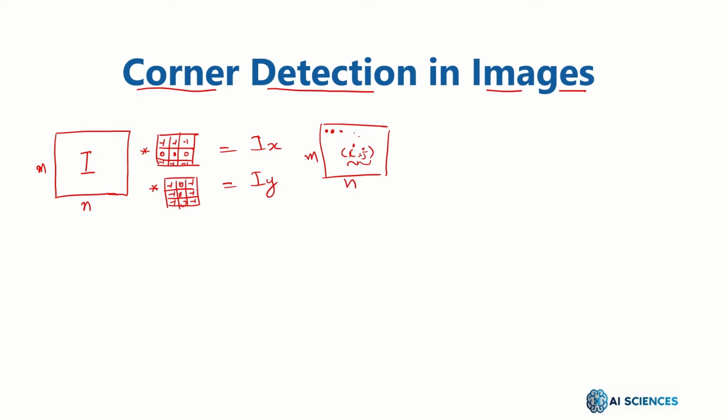For the i, j entry, we want to construct a matrix, sometimes called the structure tensor.